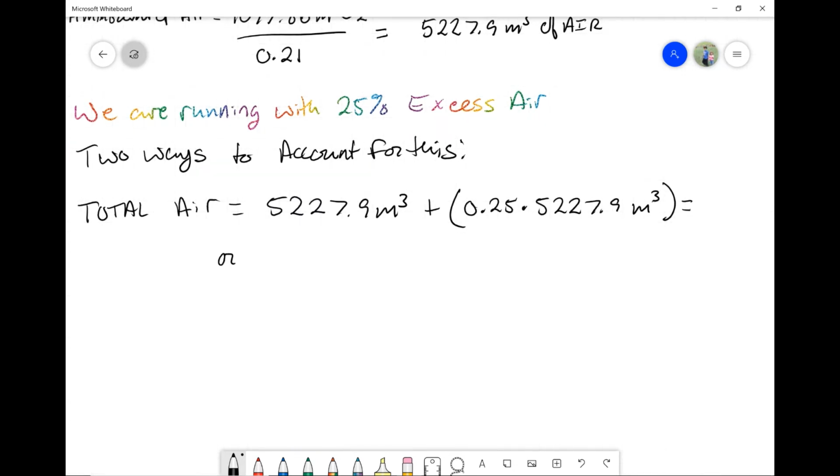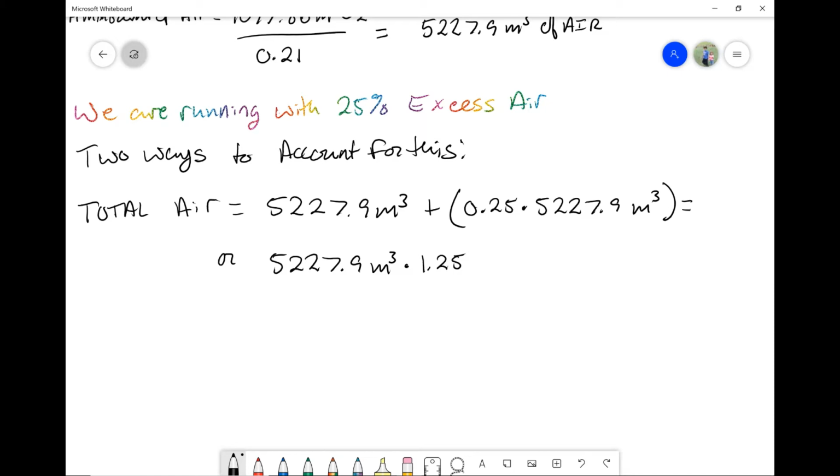Or you could just multiply 5227.9 meters cubed times 1.25 to account for the excess air.